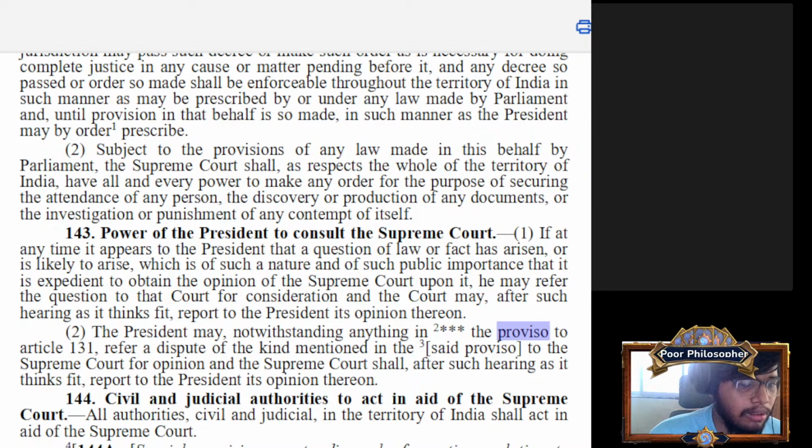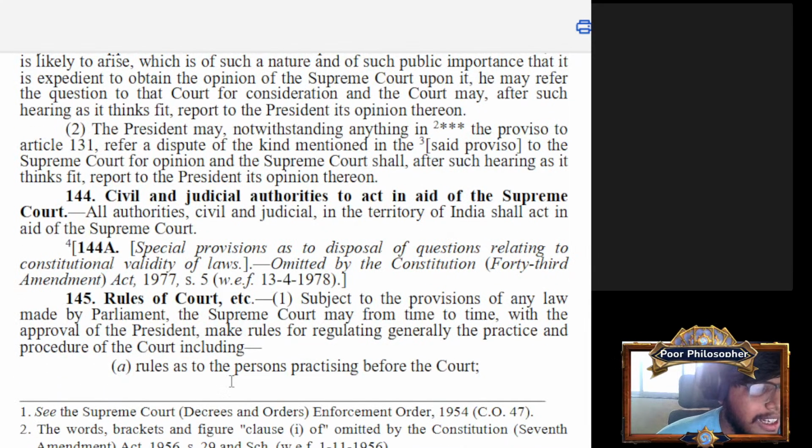Is it proviso or proviso? Okay, it is proviso. It is not a word mistake or a mistake done by the PDF. Notwithstanding anything in the proviso to Article 131, refer a dispute of any kind mentioned in the said proviso to the Supreme Court for opinion, and the Supreme Court shall, after such hearing as it thinks fit, report to the President its opinion thereon.